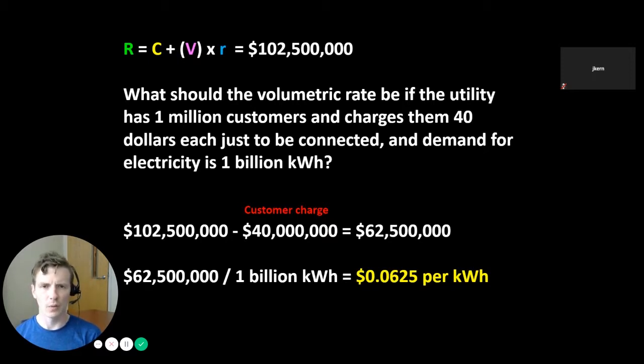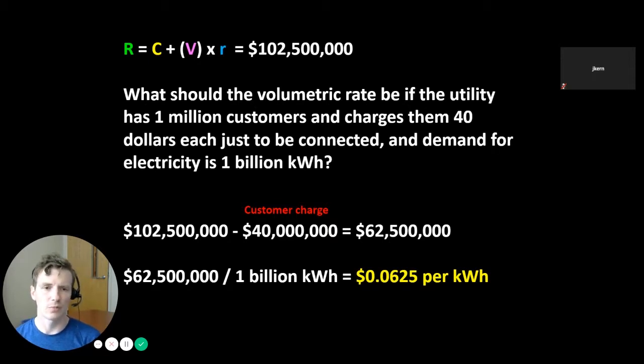So they want to make $102,500,000 in order to cover all their costs and make this regulated rate of return of 7% for shareholders. So we know that we're going to charge customers $40 each just to be connected, and we have 1 million customers. So that gives us $40 million without really selling any electricity.